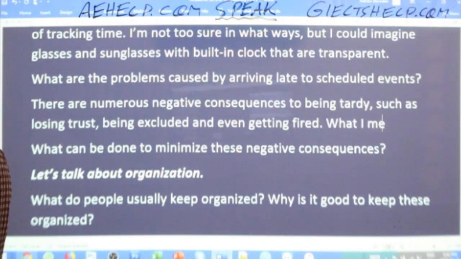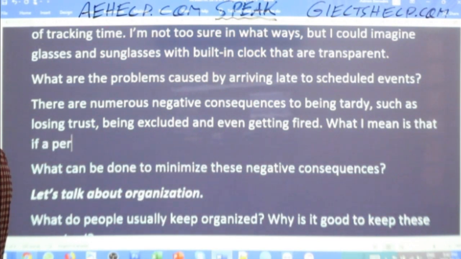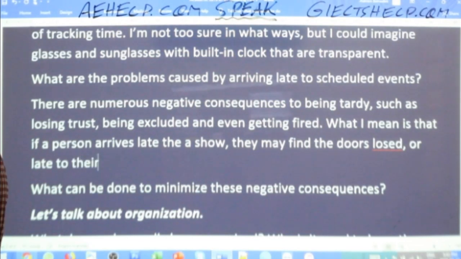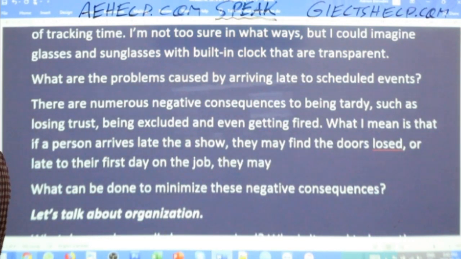What I mean is that if a person arrives late to a show, they may find the doors closed, or late to their first day on the job, they may lose their employment.